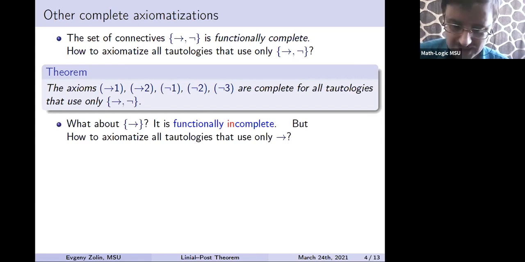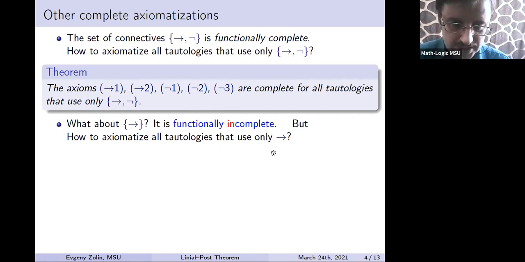We can even ask the same question for just implication. Of course, it is functionally incomplete. We cannot express all Boolean functions using implication. We cannot express, for example, the negation. But still we can ask the question: what if we want to axiomatize all tautologies that use only the implication symbol? Which axioms are sufficient for this?